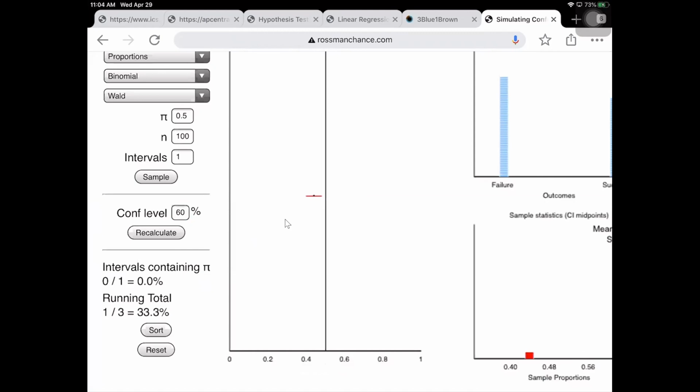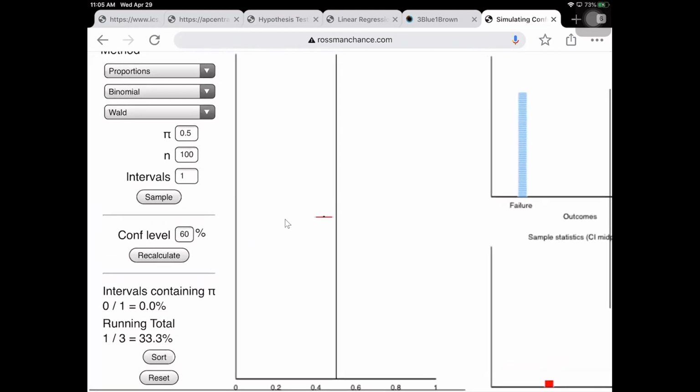Did it get wider or did it get narrower? Well, if you're looking at it, you should notice it actually got narrower, because if we're losing confidence in this confidence interval, the only time we lose confidence in our confidence interval is if it becomes narrower.